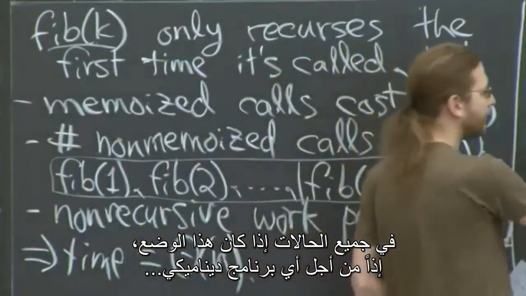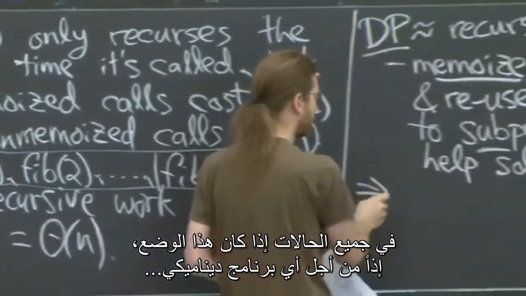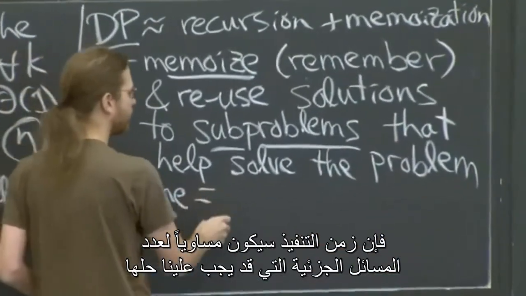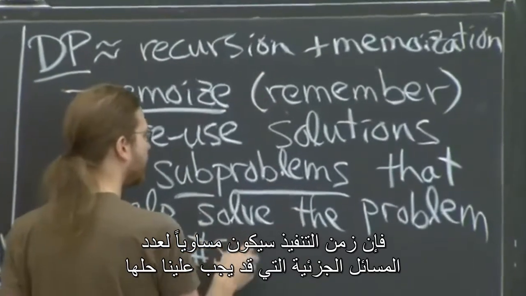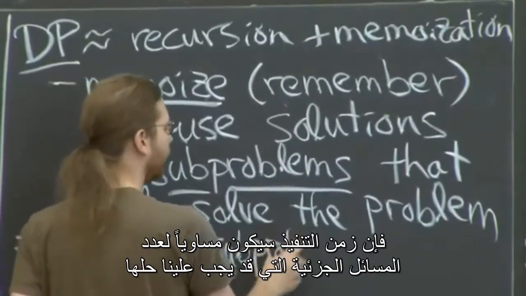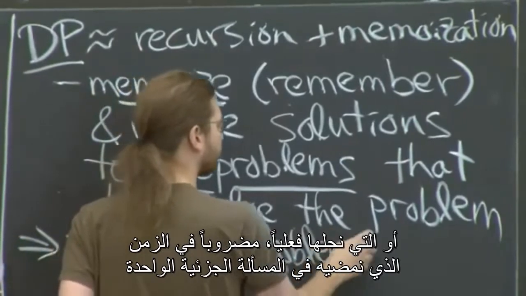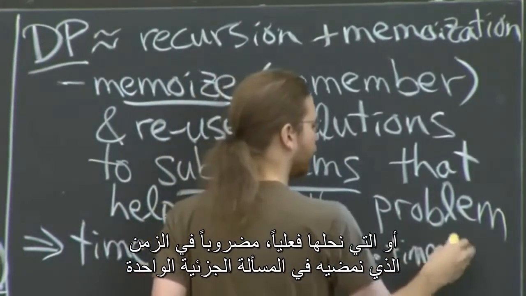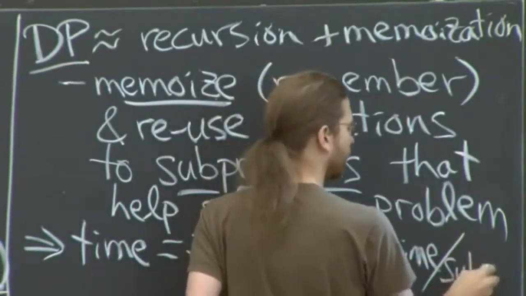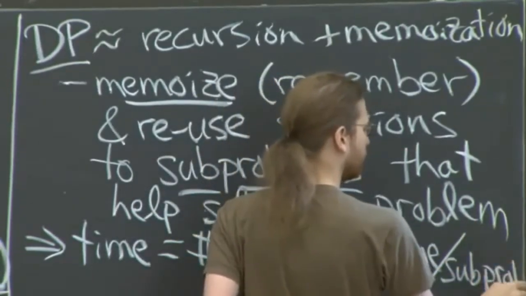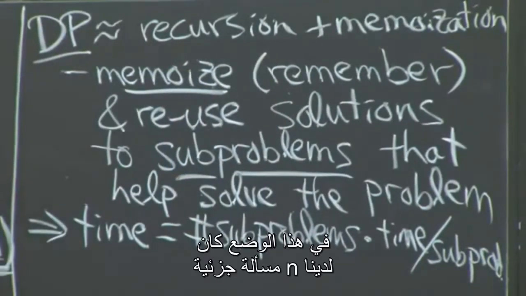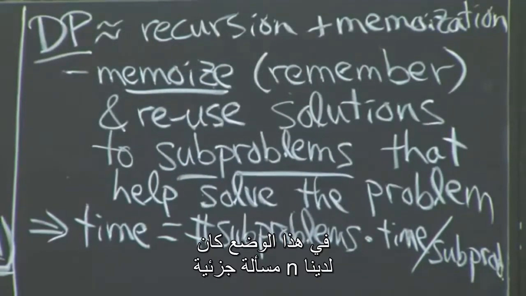In all cases, if this is the situation, so for any dynamic program, the running time is going to equal the number of different subproblems you might have to solve, or that you do solve, times the amount of time you spend per subproblem. Okay, in this situation, we had n subproblems.